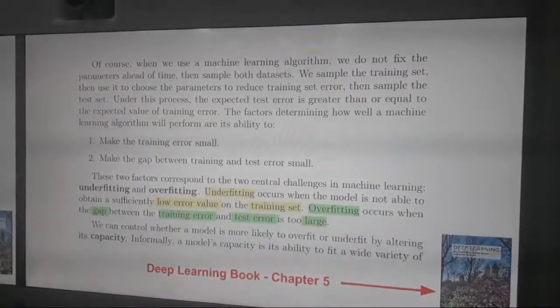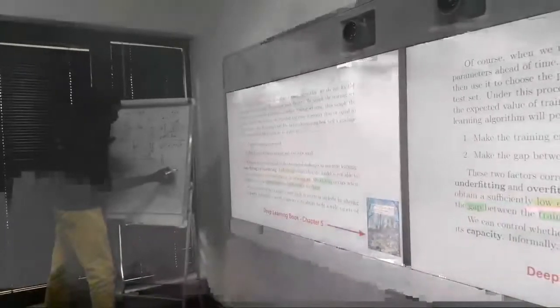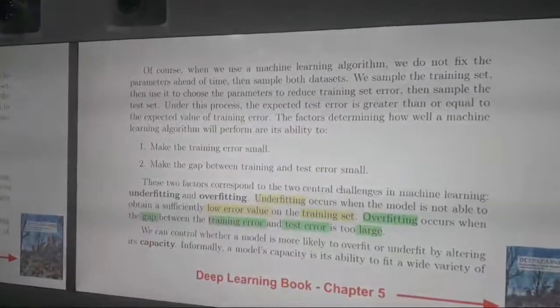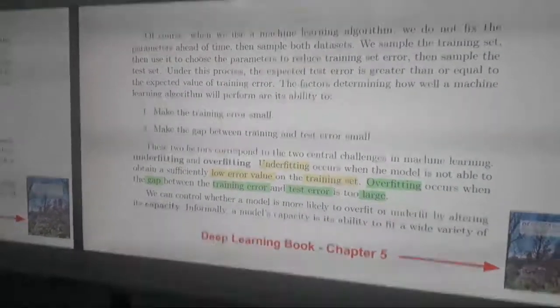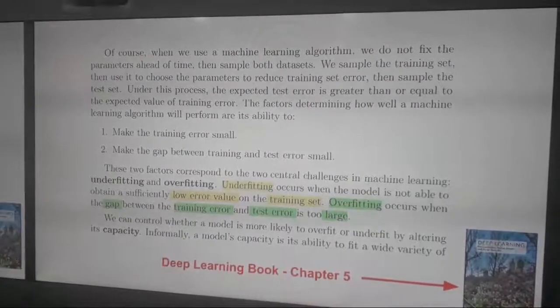Say that the upper model is supposed to go down like this. This is your optimal. But your underfitted model will just go like this.